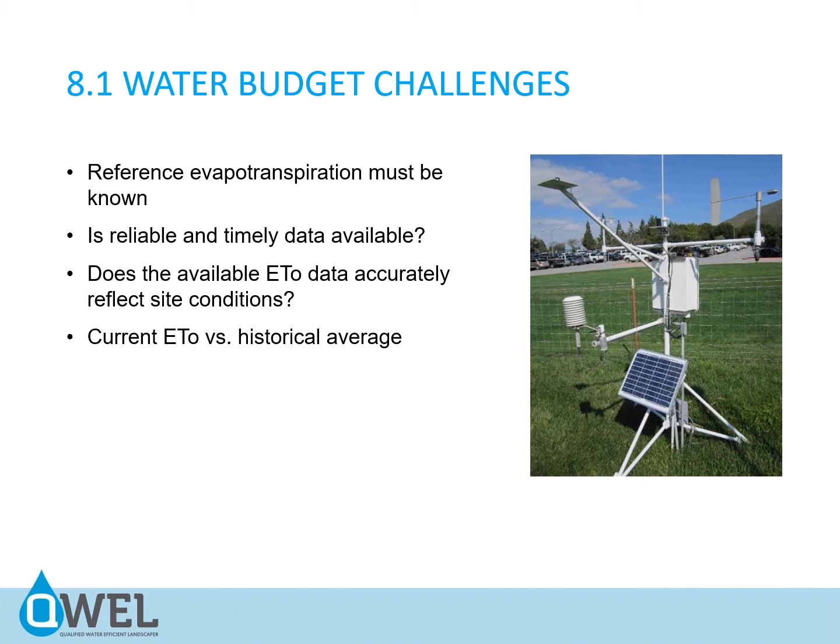And are you using current ETO versus historical averages? Sometimes historical averages can get skewed if you had some anomaly years where it was excessively high or excessively low, which could throw off your historical average versus using current live reference evapotranspiration.